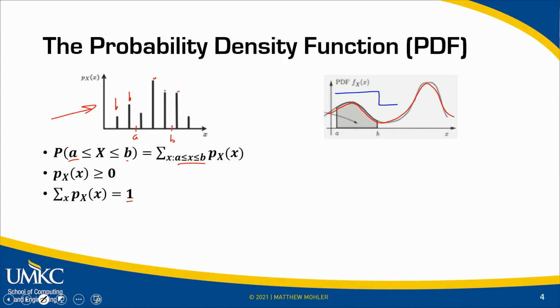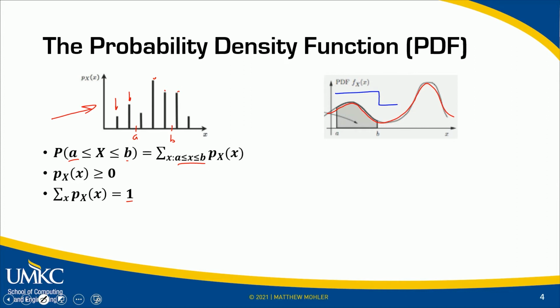Now, similarly to a probability mass function, we also have to notice that a probability density function has a variable value. So in the case of this probability mass function, if we were to turn this into some graph, we have some value that is related to the probability at each specific outcome.